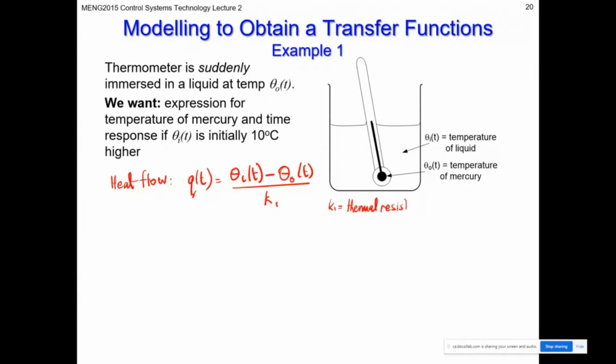So that's a function of the property of the glass, basically, the glass casing of this mercury thermometer.